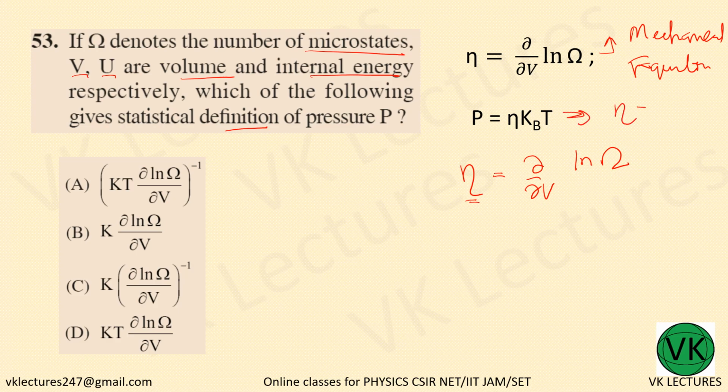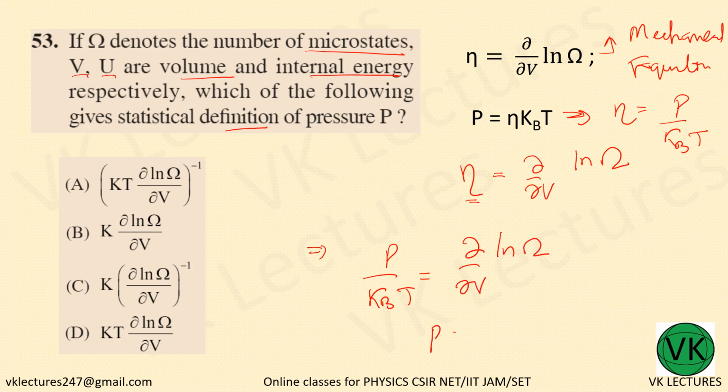Eta equal to P divided by kBT. So P by kBT equal to dou by dou V of log omega, or you can write P is equal to kBT times dou by dou V of log omega. So what is your answer for P? kBT times dou by dou V of log omega. So your option D.